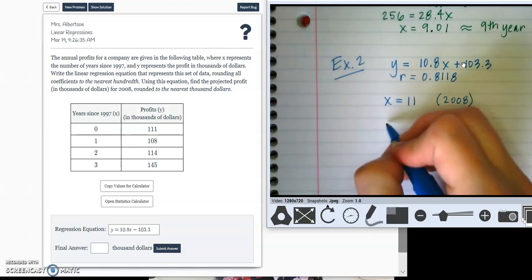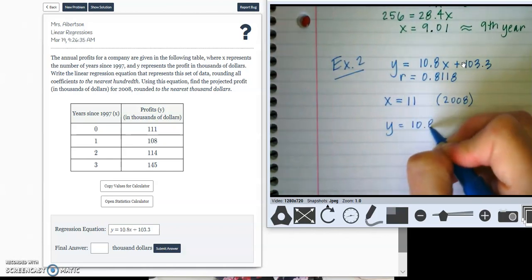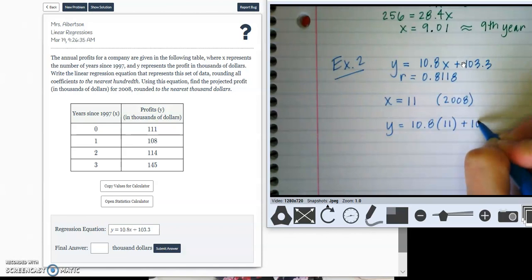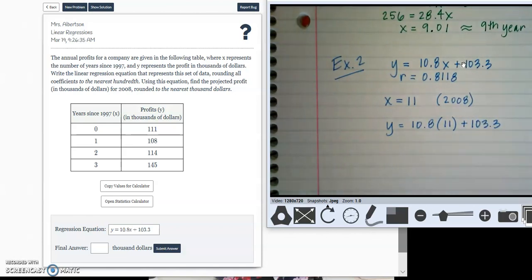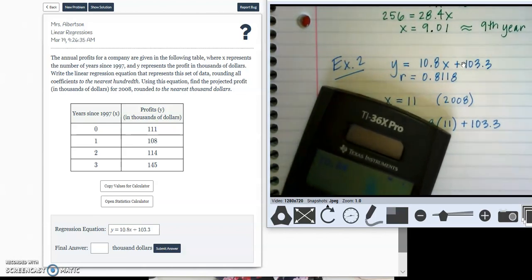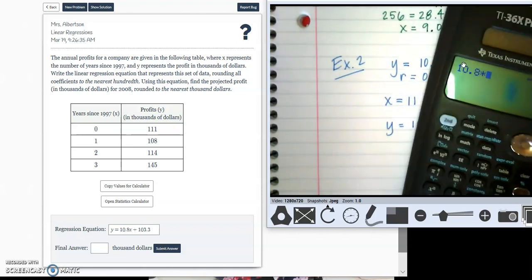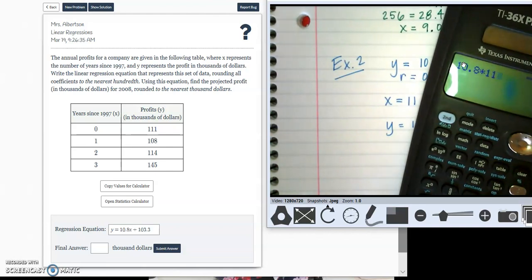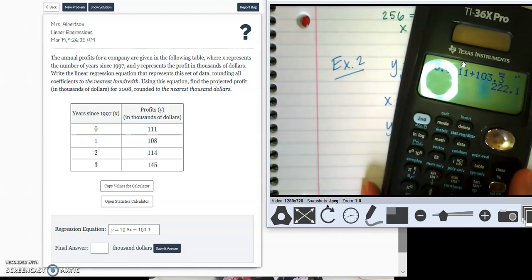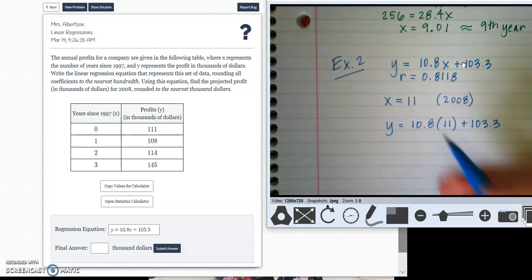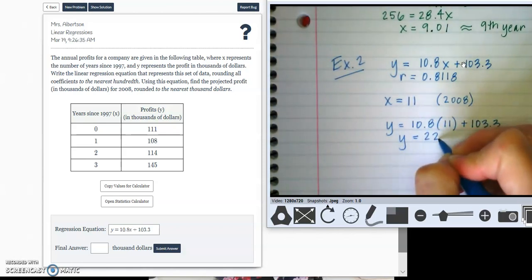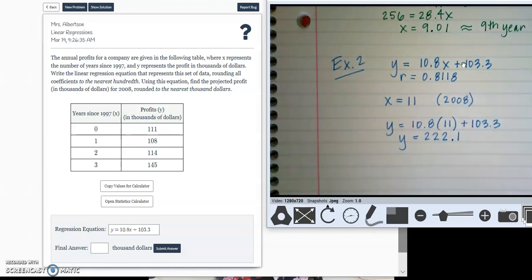All right, so I want to take the equation and fill in 11 for X, because the year is the value of X. Grab your handy dandy calculator and we're just going to calculate. 10.8 times 11 plus 103.3, and that gives us 222.1, but it said to round to the nearest $1,000.